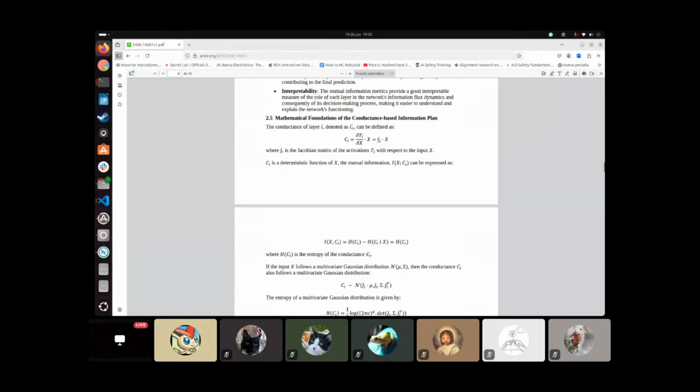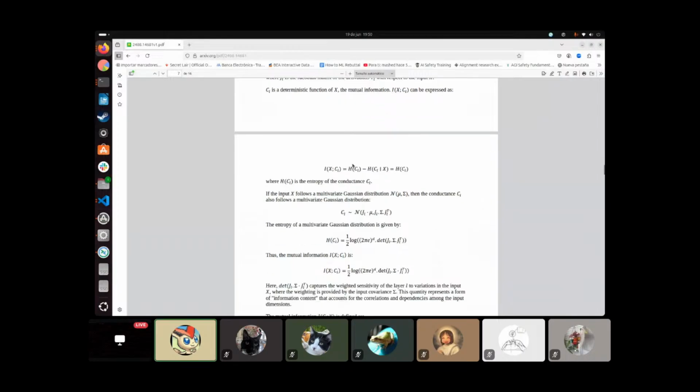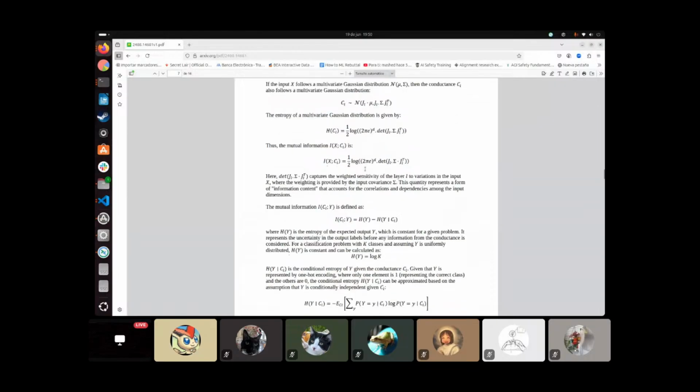Okay, so Jacobian matrix of the activation. Yeah, I don't think I'm going to be able to understand all of this right now.